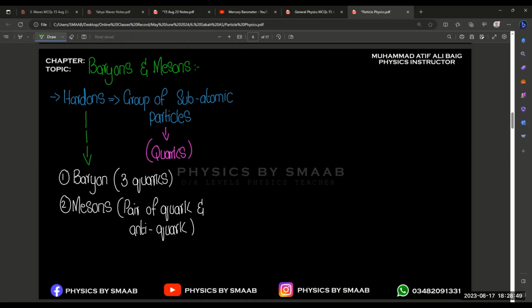And if we want to take examples, what are the examples of baryons and what are the examples of mesons? For baryons, the example we already discussed is only related to the quarks, and those are the proton and neutron.